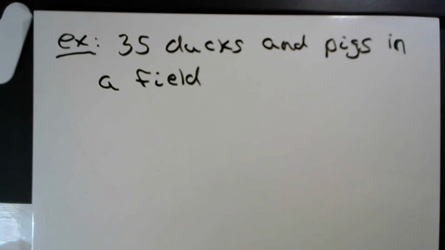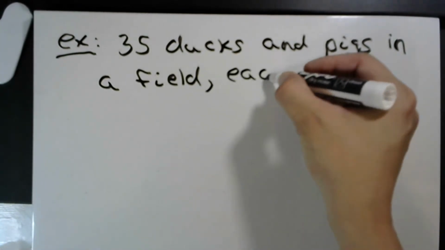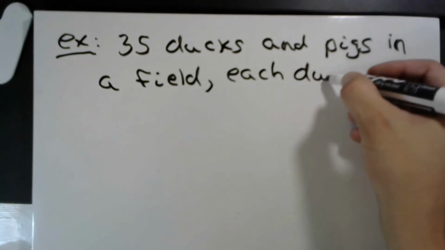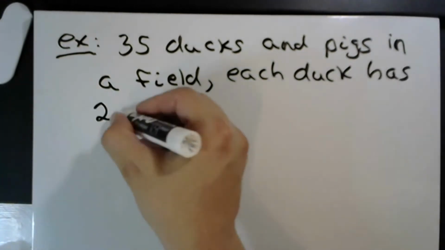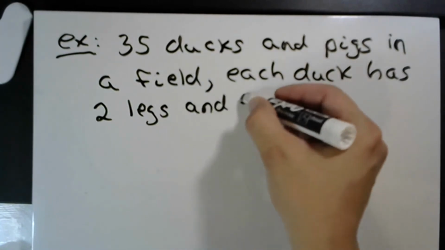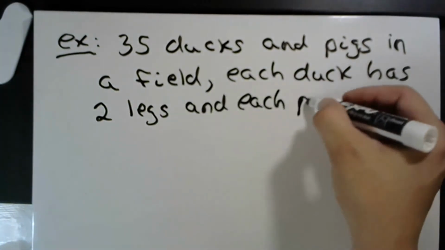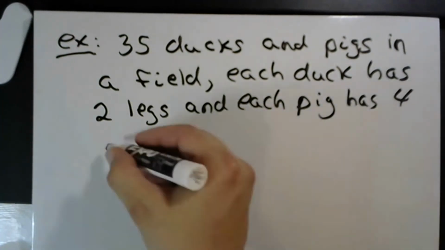You have 35 ducks and pigs in a field, and each duck has 2 legs, and each pig has 4 legs.